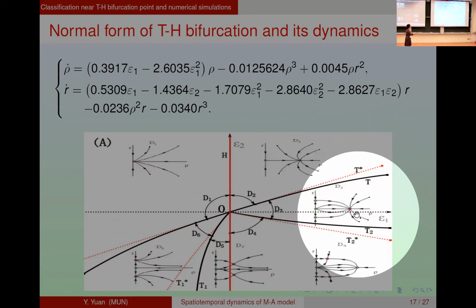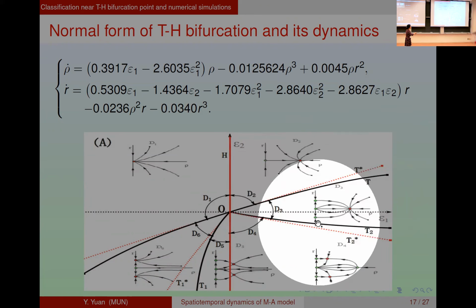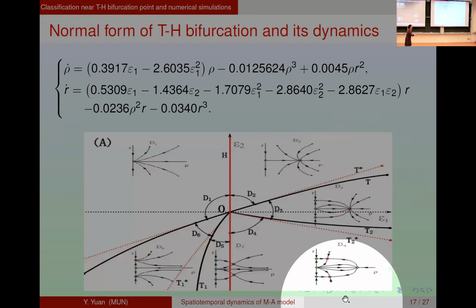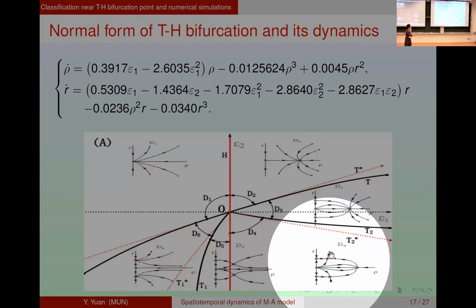This one is different from this as well. Besides these two, there are two more boundary equilibria in this axis. These two are related to the inhomogeneous steady state. For this one, besides these two, there are two more positive equilibrium points.